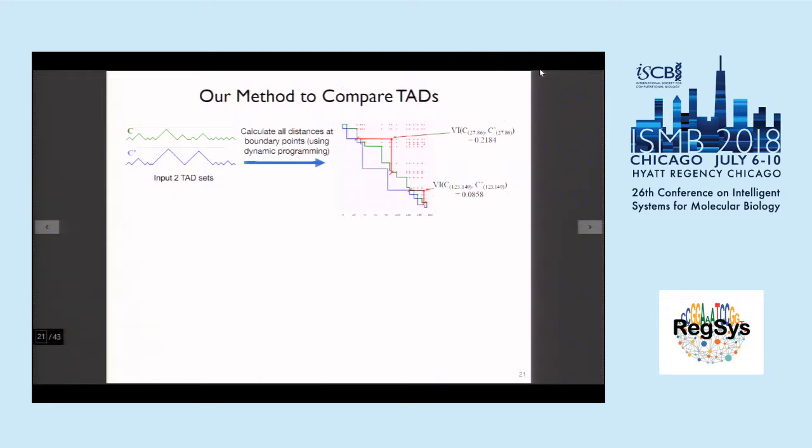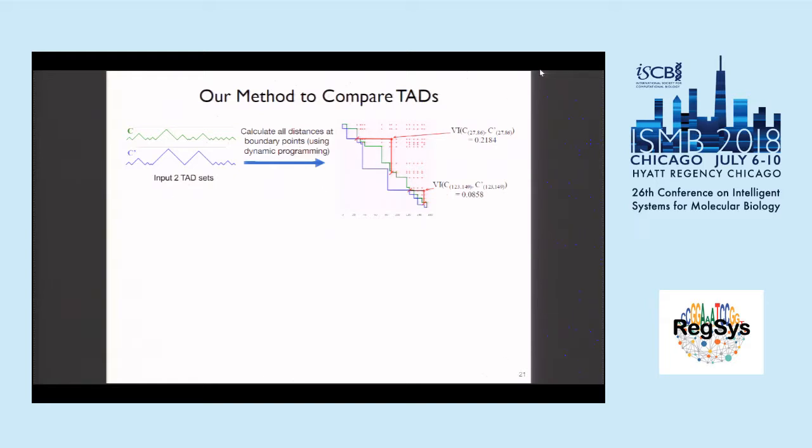And then we look at the distance between every possible subinterval of these TAD sets. So if you cut it up at every single boundary point and compute the distance between the TAD sets in that subinterval, all those red dots represent distances that were computed between subintervals of these TAD sets.